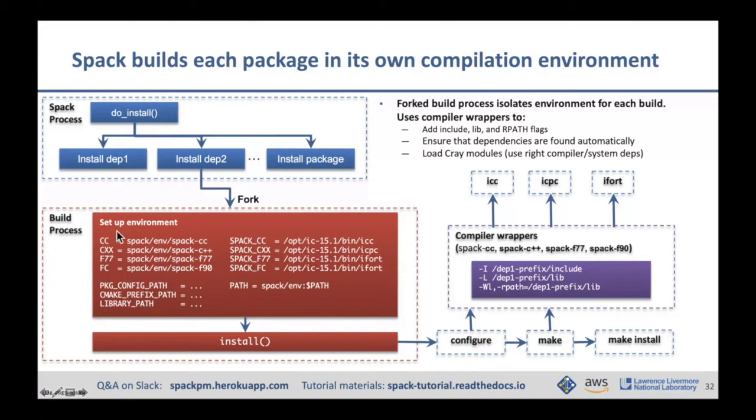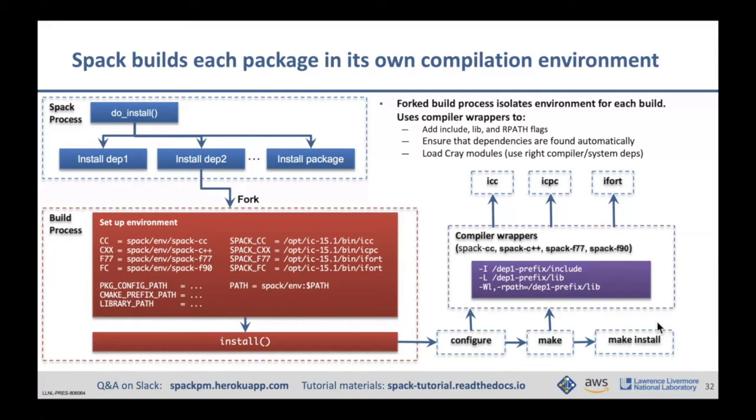We do more than what's shown here. We actually name the compiler wrappers after the compiler they're supposed to call, so that things like libtool don't get confused. And we do a lot of things to try to make sure that the build works the way you'd expect. A lot of times injecting these flags will make things that were built with autotools just think that the packages are on the system. So it can be kind of easy.